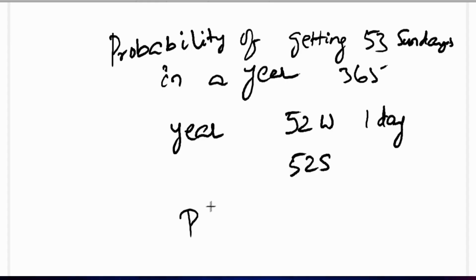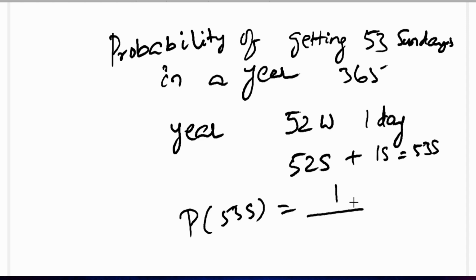The probability of getting 53 Sundays in a year: the favorable outcomes is only 1, because if the odd day is Sunday, then 52 plus 1 becomes 53 Sundays, correct? The total outcomes is all the weekdays, Monday to Sunday, 7 days. So, the probability of getting 53 Sundays in a year is 1 by 7.